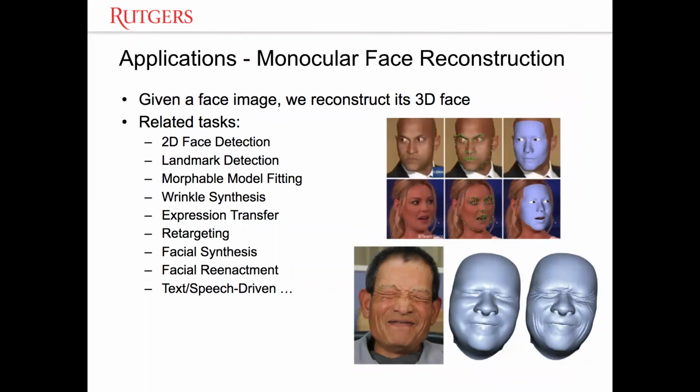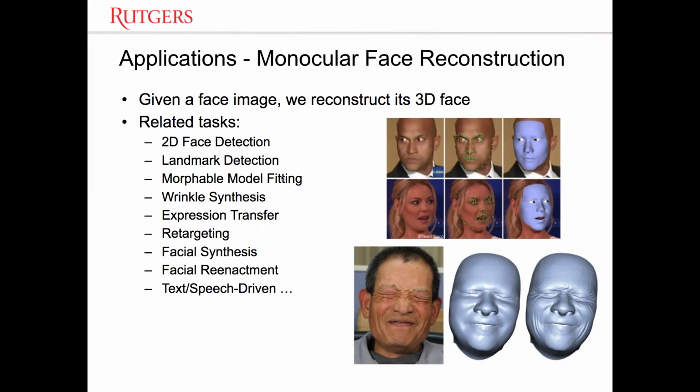So let's talk about the applications using the parametric face model. One of the interesting properties of the parametric face model is that a valid face is guaranteed. That means no matter how you change the weights, you still get a face.